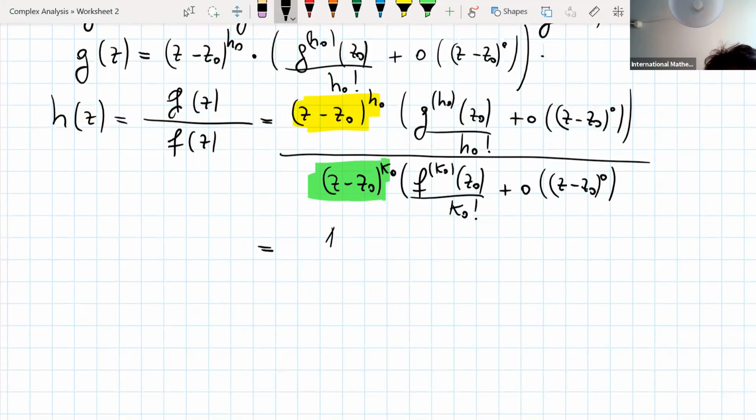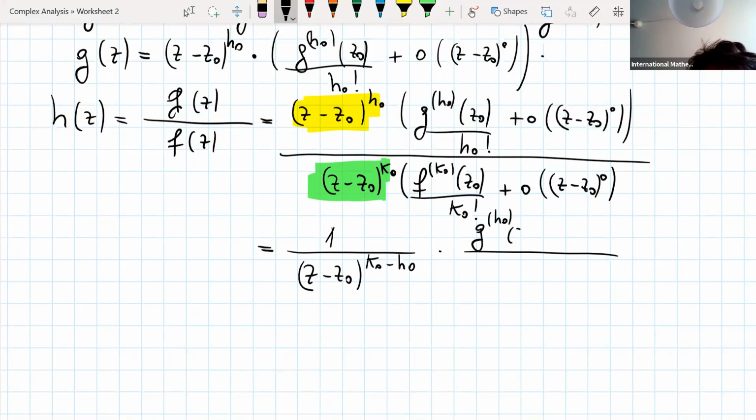Let's put this as 1 over (z minus z0) to the k0 minus h0. And here we have again these two terms.